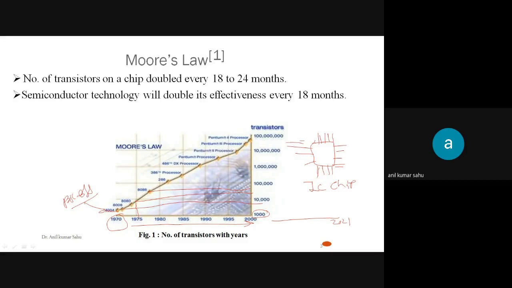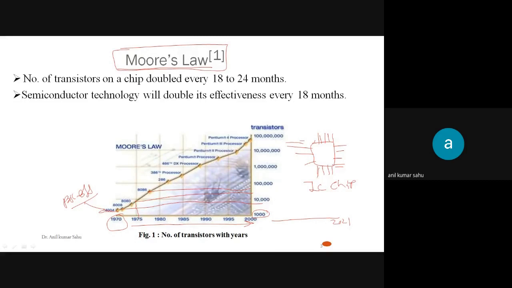How it increases was predicted by a scientist who worked at Intel, named Moore. He predicted the rate of increase of chip density, or the number of transistors on a chip, every 18 to 24 months. He recognized that the chip density doubles.